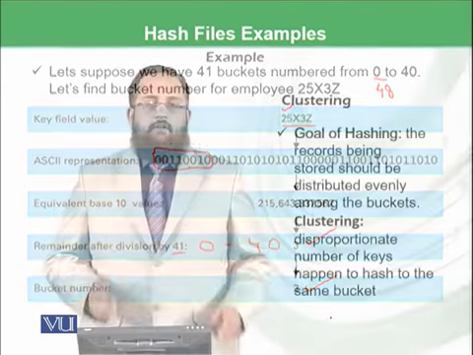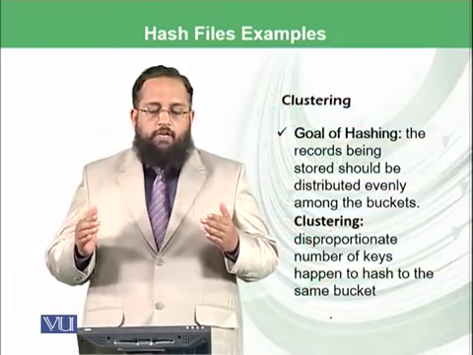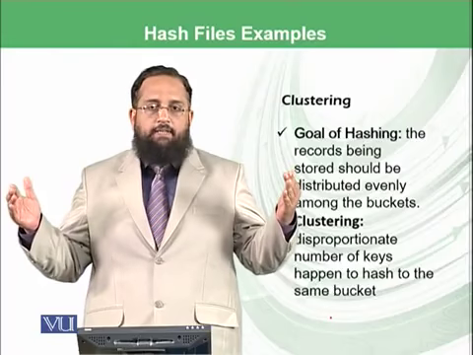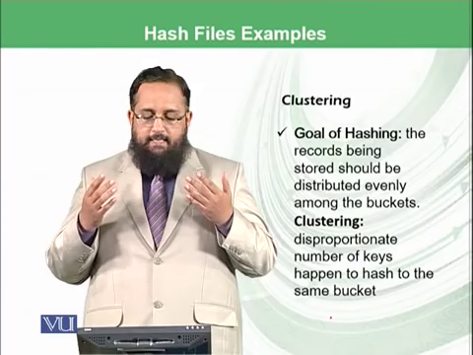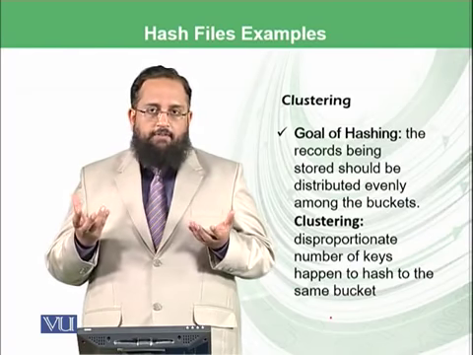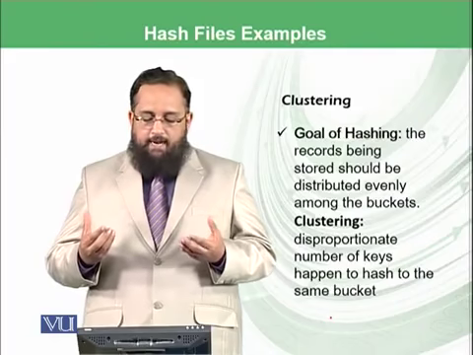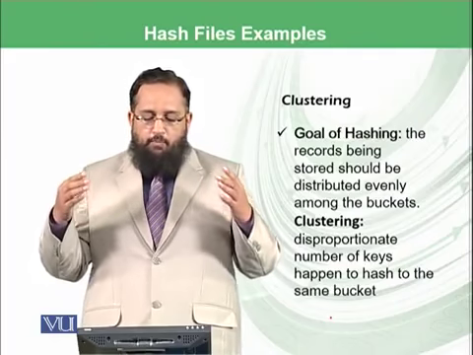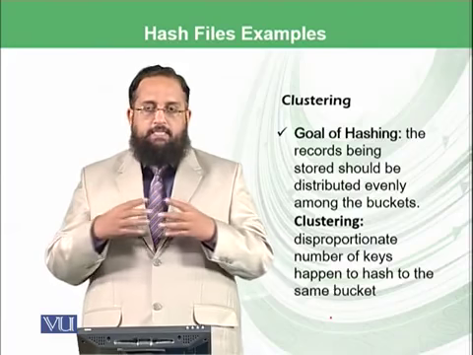There is another concept known as clustering. The records being stored should be distributed evenly among the buckets, and this is the goal of hashing, as we have discussed. What does clustering mean? It means a disproportionate number of keys happen to hash to the same bucket.